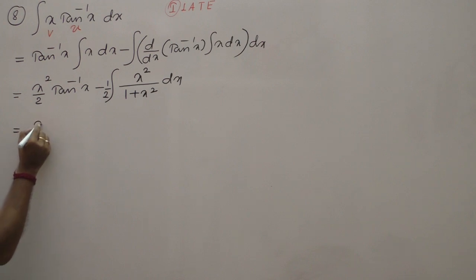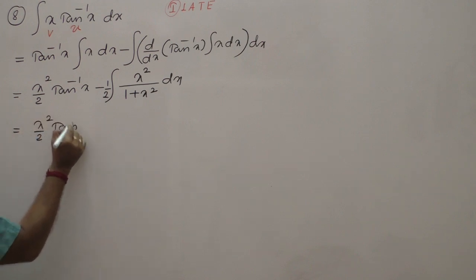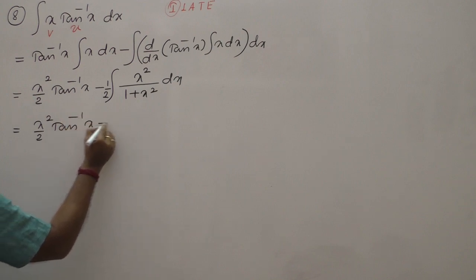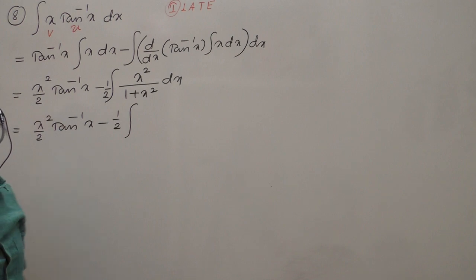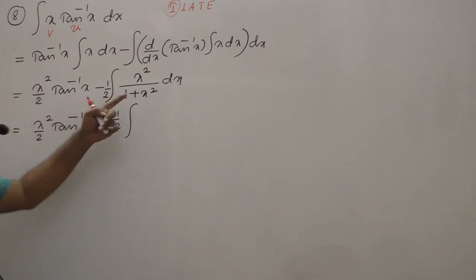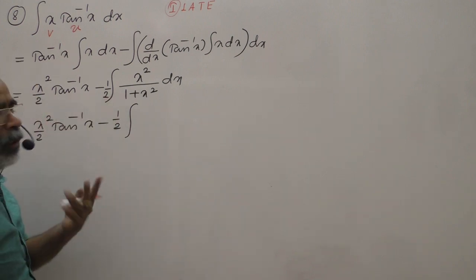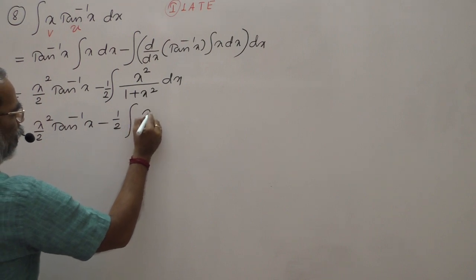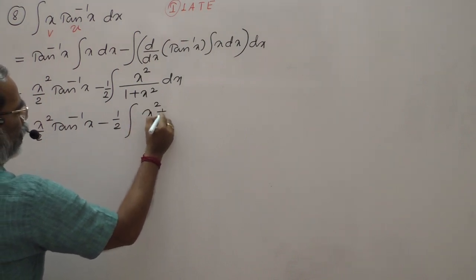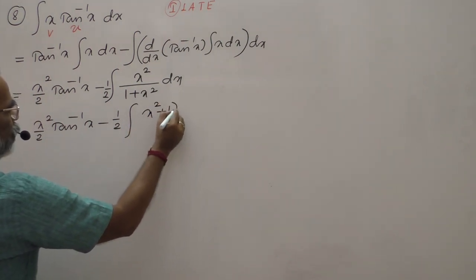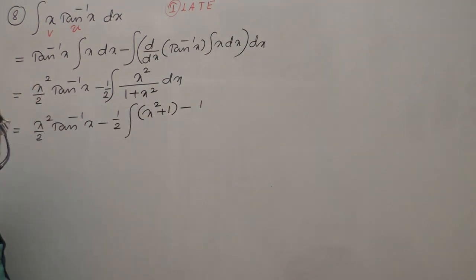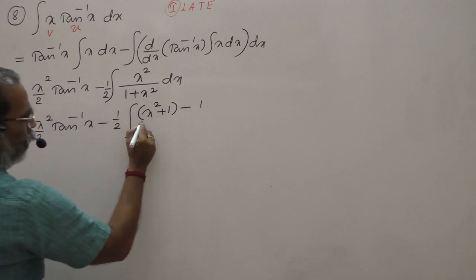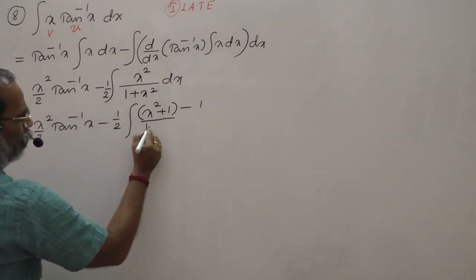Yes. So therefore it is x square by 2 into tan inverse of x minus 1 by 2 into the integral of, to find the integral of this, there is no u by v here. In the denominator 1 plus x square is there, no, therefore I will add and subtract 1. This denominator divides both.